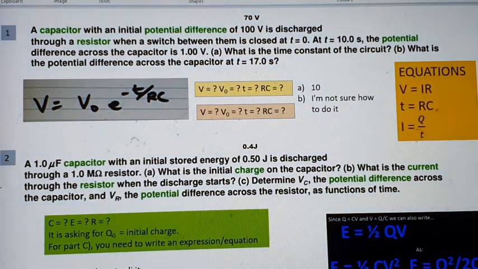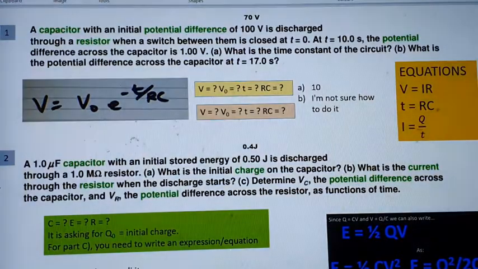Now what do you do? You divide both sides by 70, so you bring the 70 to the left-hand side, and then you ln both sides. So ln 1 over 70 equals minus 10 over RC.